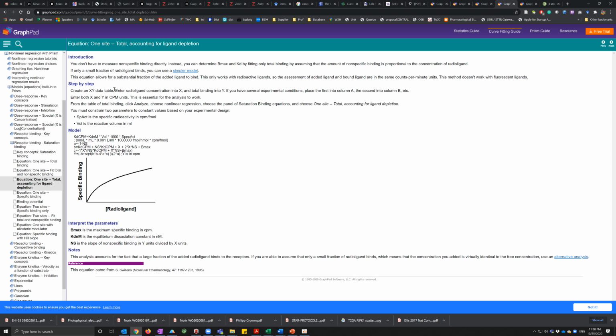But when you use the previous models, you consider the free ligand concentration the same as the total ligand concentration. When you have much tighter binding, that may not be true, and in that case you have to use this equation. But generally, this is not a problem for most of our studies.